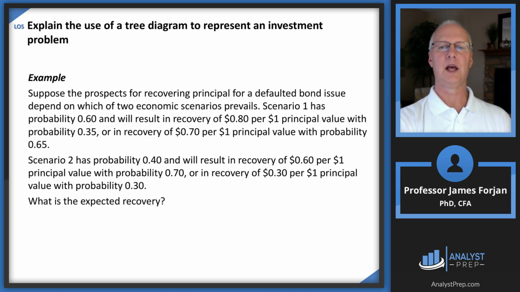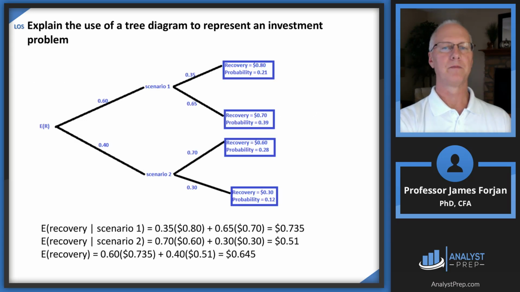Scenario 1 then has a 60% chance. And then we have a 35 and a 65% chance of the second part. All right, so scenario 2 has a probability of 40%, and that recovery is 60, and then a recovery of 30 or 30%. What is the expected recovery?